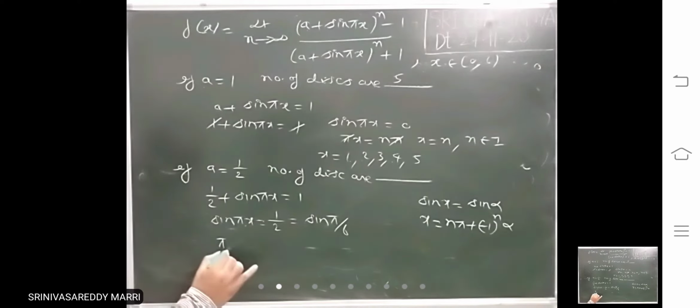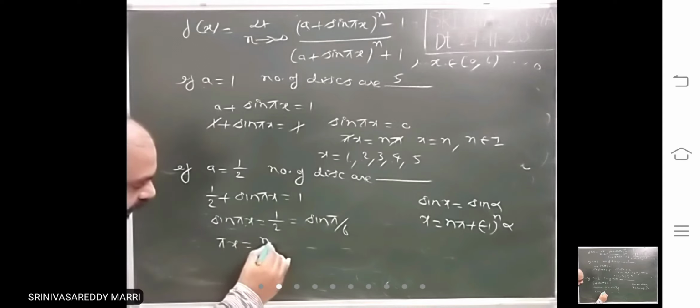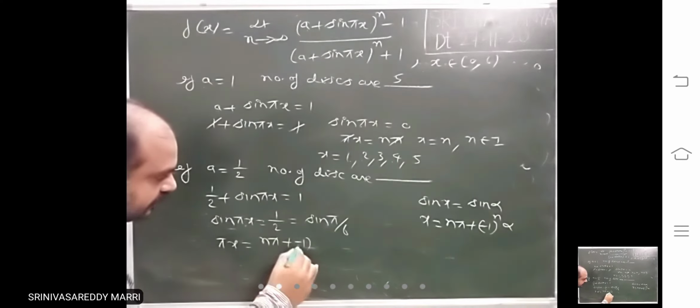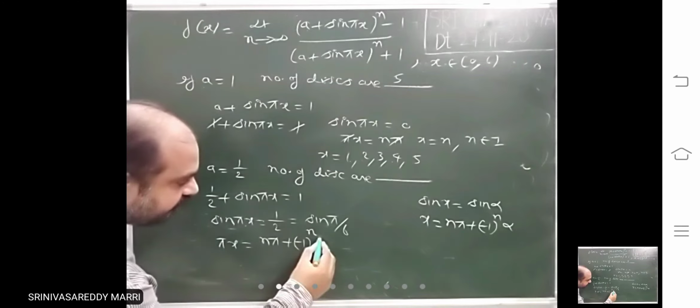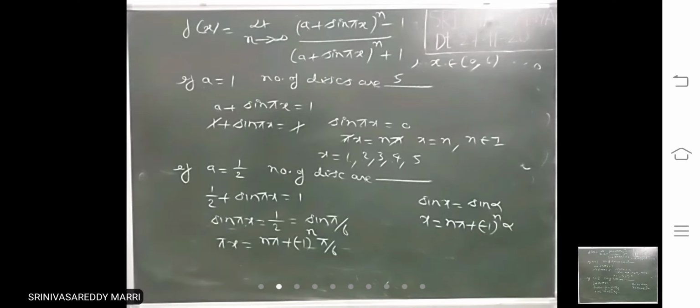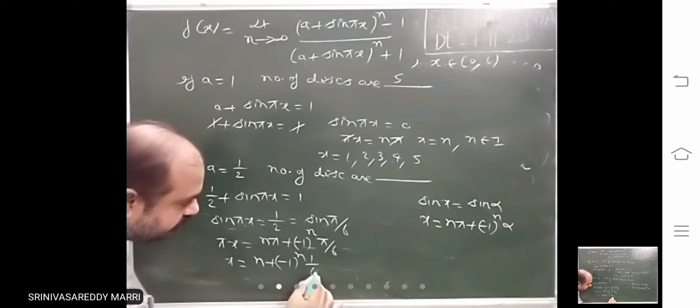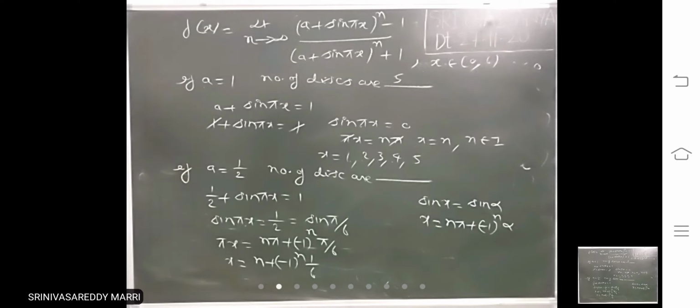So x equals n pi plus minus 1 whole power n into pi by 6. Calculate x value: pi cancels, x is n plus minus 1 whole power n into 1 by 6.